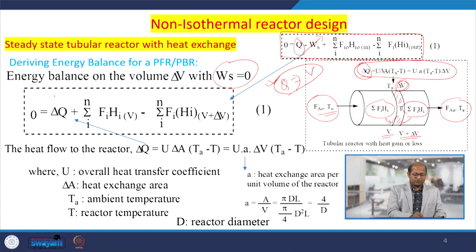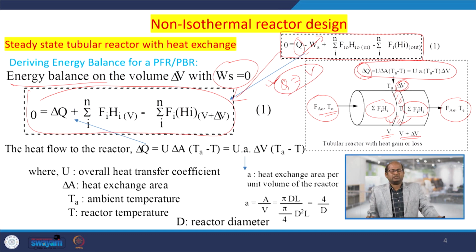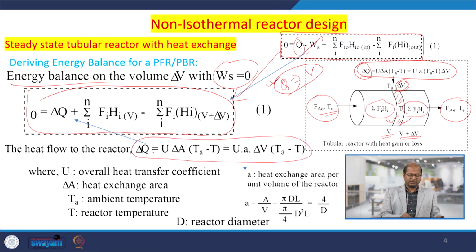Okay. So, then we can write the energy balance equation by eliminating the Ws part, since there is no shaft work. Q equals the energy or heat supplied, either positive or negative, depending upon whether it is exothermic or endothermic, whether heat supply or heat removal is required.